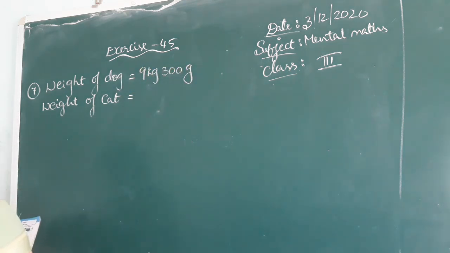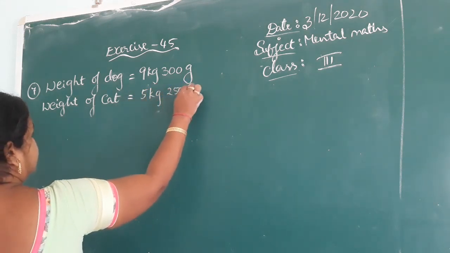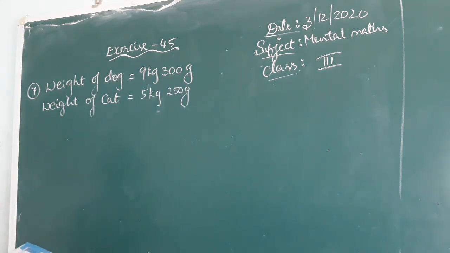Weight of cat is 5 kg 250 grams. How much more does the dog weigh? How much more means you have to do subtraction. Which weighs more? Dog weighs more. How much more it is, they are asking.